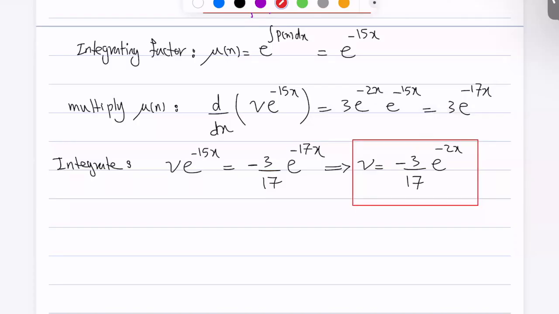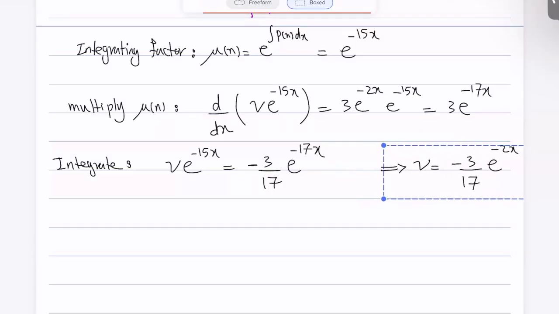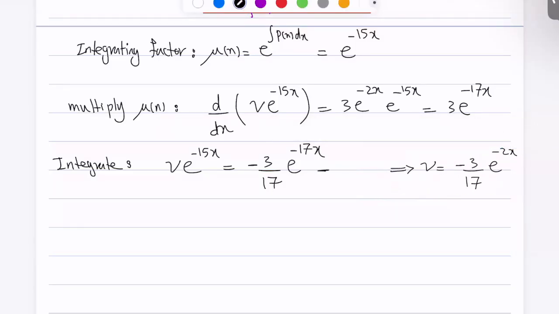Okay. So I did make a mistake, and I'm glad I made this mistake, because it's important that we don't forget we need to have a constant of integration here. That's why we have the initial value, right? So here I need a plus c when I do this integration.